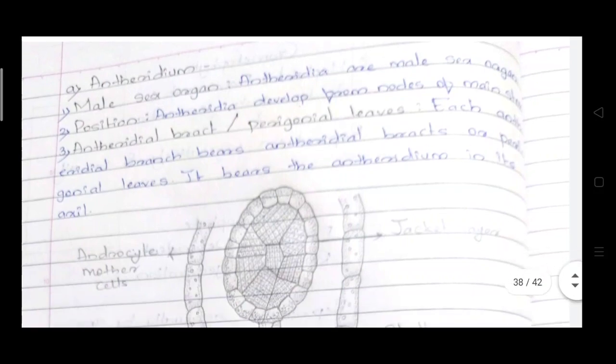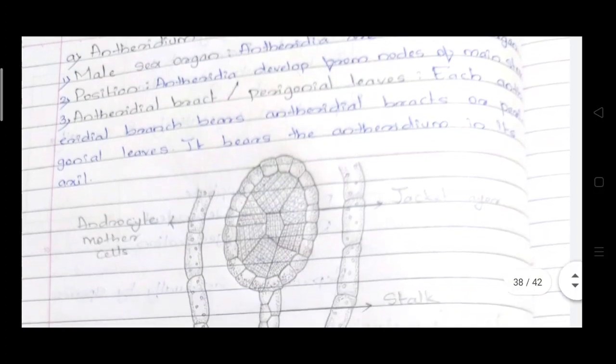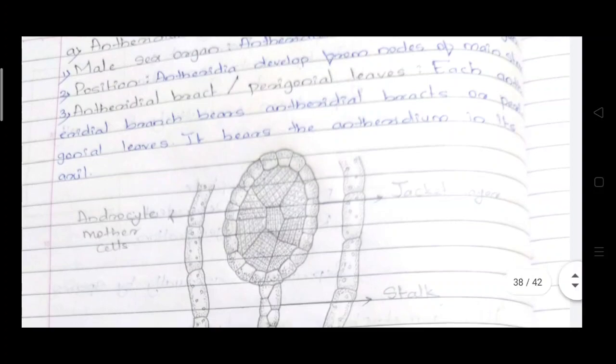Then let's move towards the male sex organ, the Antheridia. These Antheridia develop on the nodes of the main stem. On these nodal portions of the stem, antheridial bracts develop, which are also called perigonial leaves.